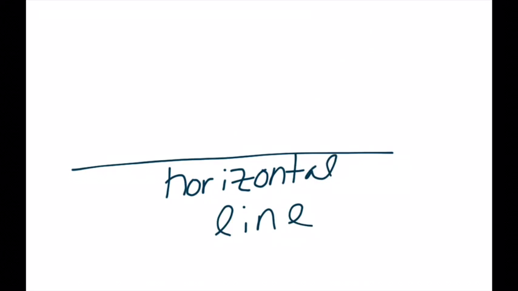Okay, so I have a horizontal line right here. There's a snowboarder hanging out on this slope, and let me draw him in there.